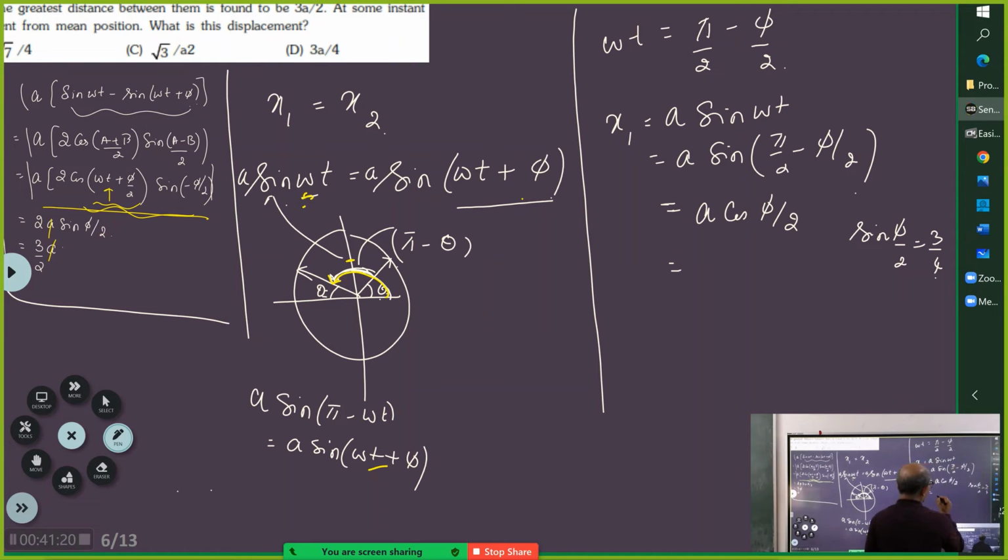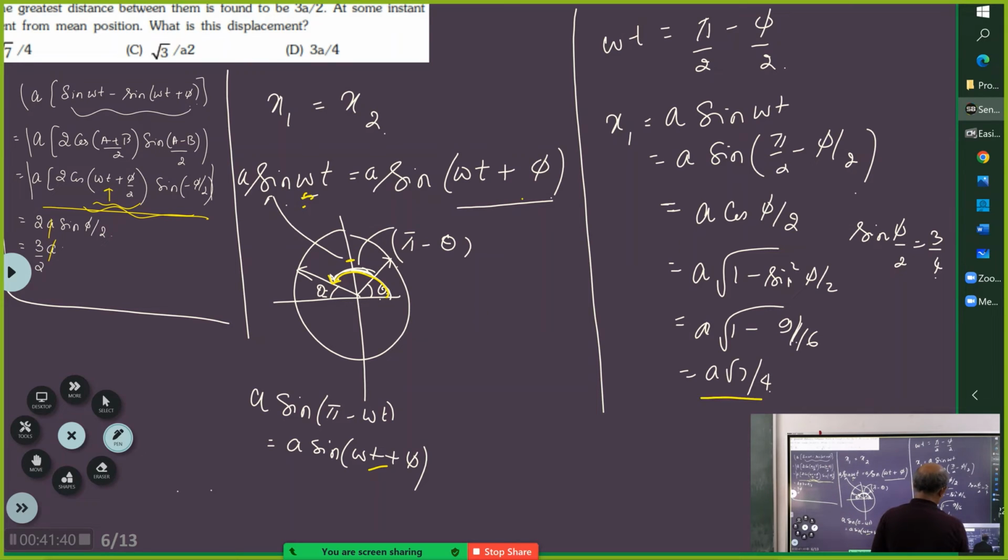I'll just substitute that. So it will be A into root of 1 minus sin square pi by 2. So this gives you A into root of 1 minus 9 by 16. So that gives you A root 7 by 4.